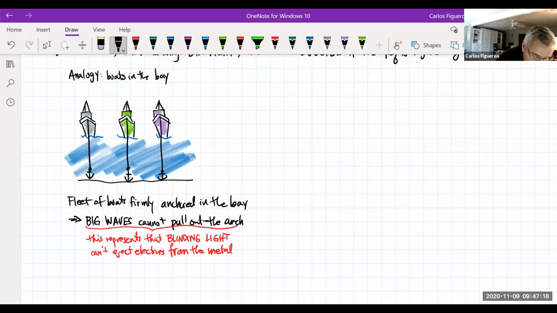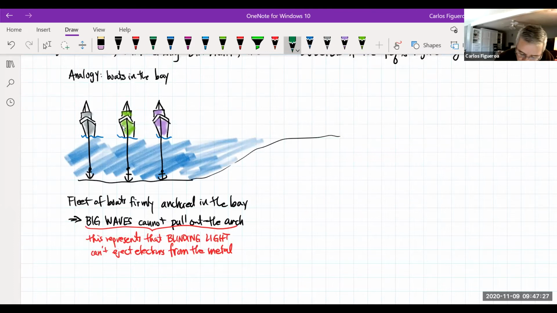So now you could imagine that this thing kind of goes up like this. And again, here's the water. And then we've got a grassy knoll or something, or a beach, whatever you want to think of this as.